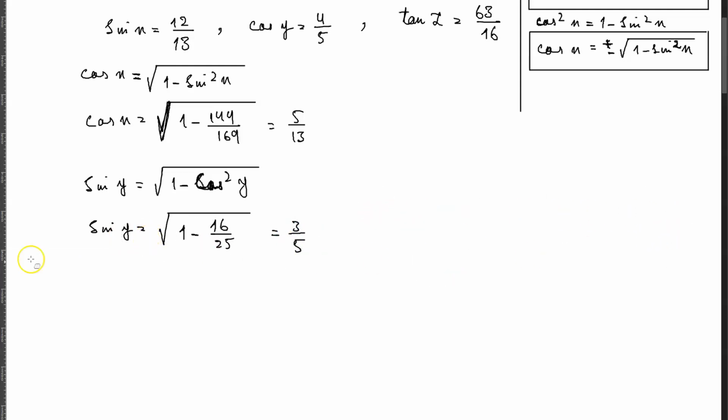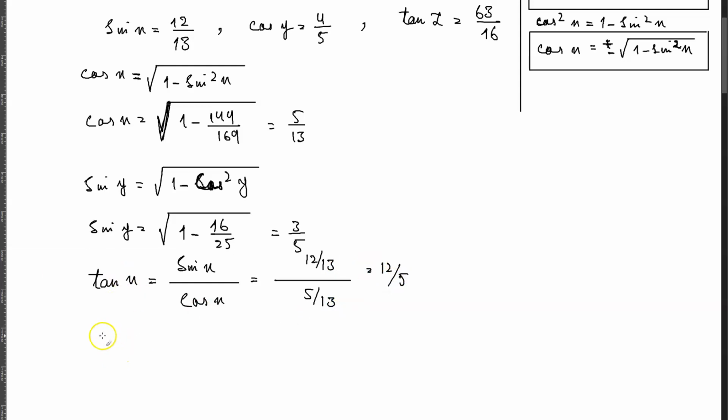Now I know sine y, I know cos y, I know sine x, I know cos x. So basically I can calculate now what is tan x. So tan x is the same thing as sine x by cos x, which is equal to basically sine x is equal to 12/13, and cos x is equal to 5/13, which is equal to 12/5.